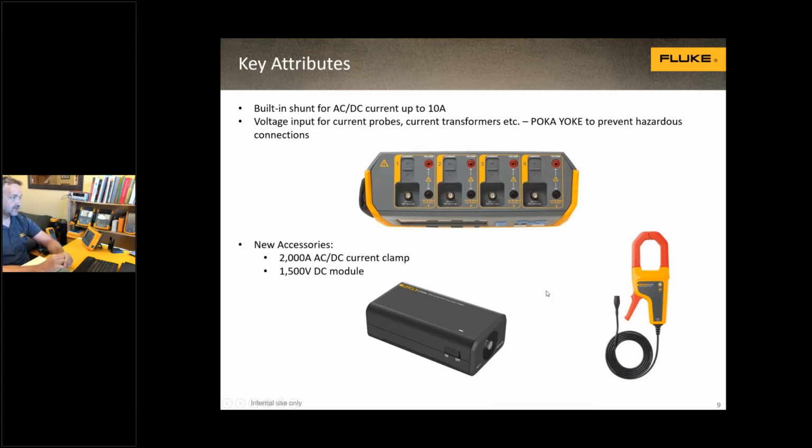Besides the 2000 amp ACDC current clamp, there's also a 1500 volt DC differential probe. The reason is that if you're in the solar business, you're dealing with higher DC voltages up to 1500 volts. So the Norma has a differential probe you can use to make those 1500 volt DC measurements on solar systems if necessary. That's an accessory that can be used.